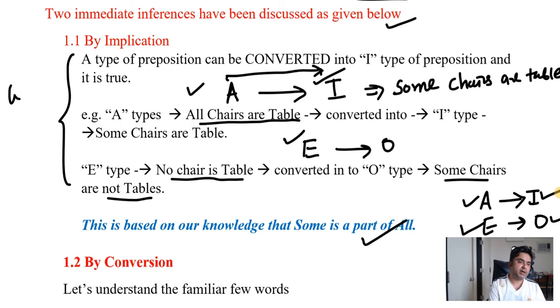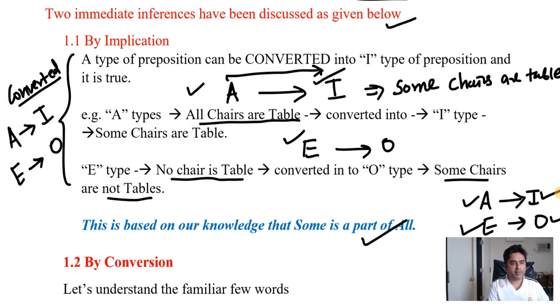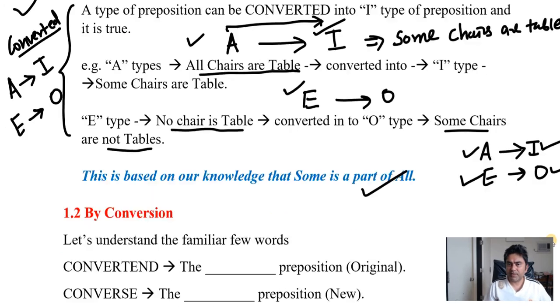Now by conversion, let us understand a few familiar words. Converted, original; converse, new proposition; and conversion, the process itself. So process of conversion. Step 1, interchange the subject with predicate. That is stage number 1.